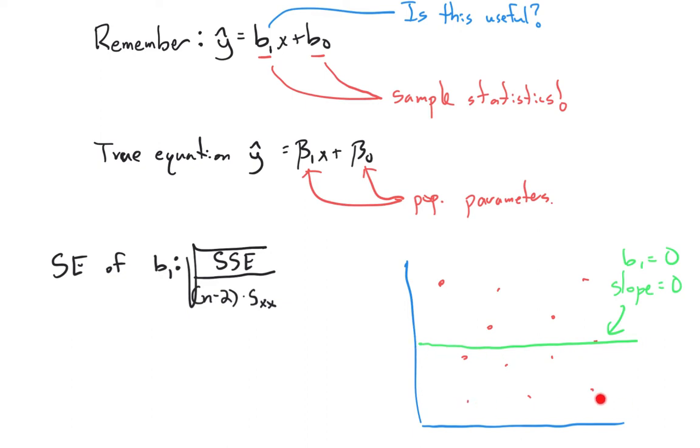As x changes, the predicted value of y doesn't change. You're just using the mean. So our question is, well, is the slope that we're calculating, our sample statistic here, significantly different from a slope of 0? So what we can do is we can do a hypothesis test to be able to do this. So let's look at that on the next slide.